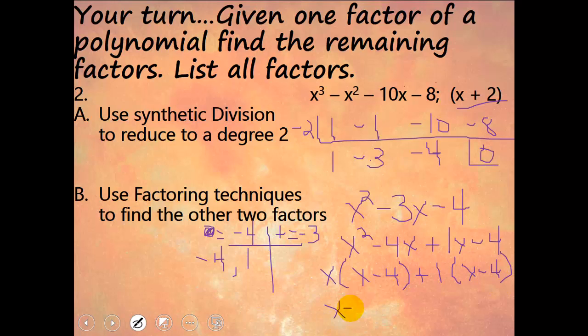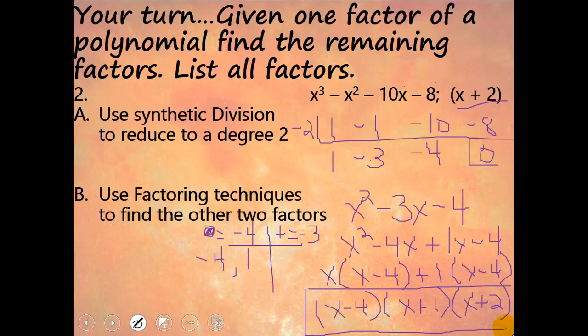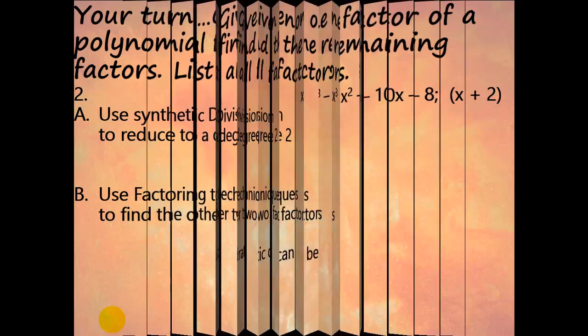So I get x minus 4 and x plus 1. And then I want to put down my original that they gave me, which was x plus 2. These are all the factors, okay? x minus 4 and x plus 1, those are the remaining factors. x plus 2 included in that list gives me all the factors.